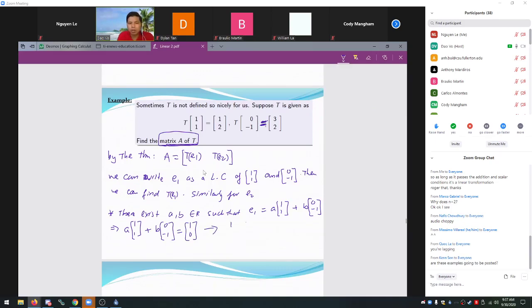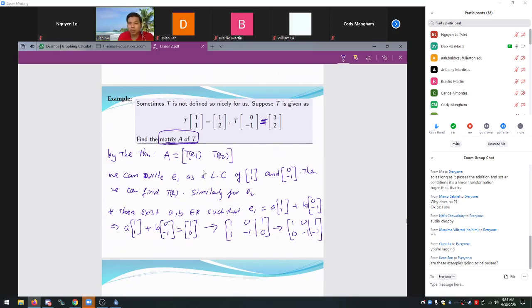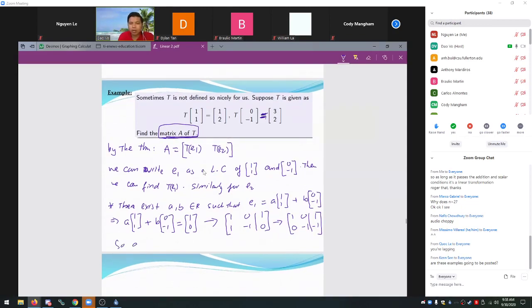So we have 1, 0, 1, 1, -1, and 0. Performing RREF, you get 1, 0, 1, and then 0, -1, -1. There we go. So a equals 1 and then b equals -1.